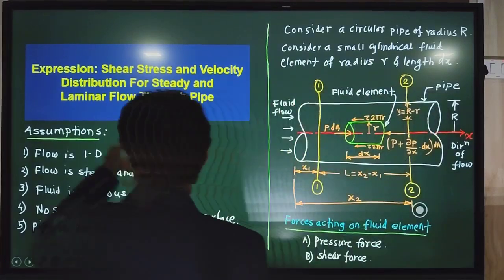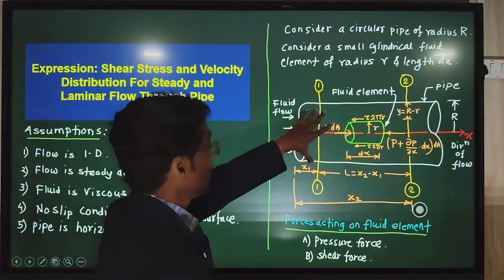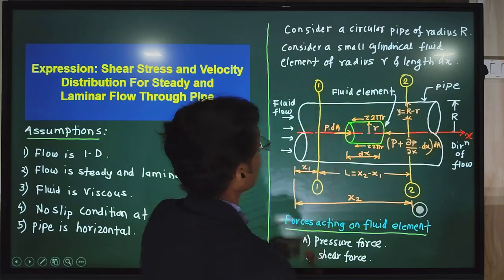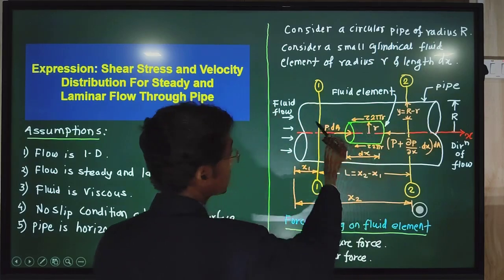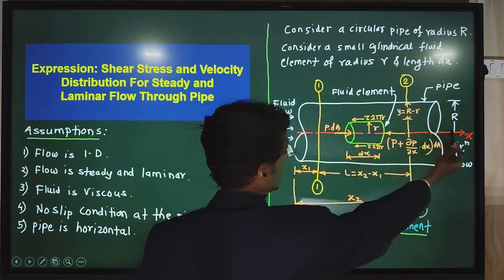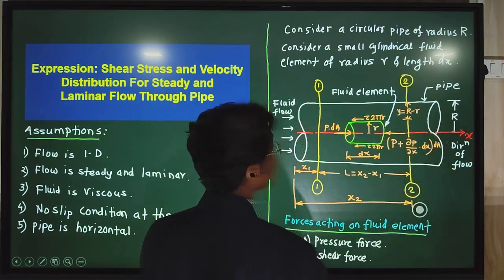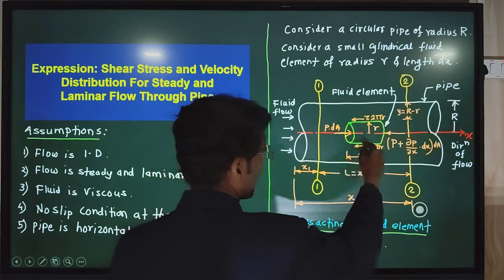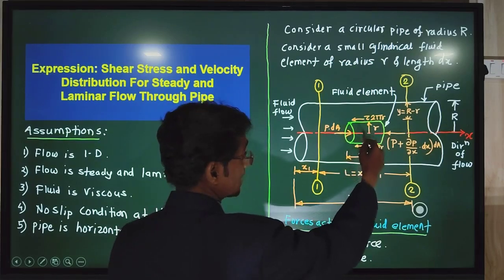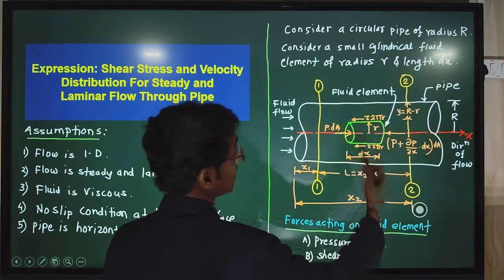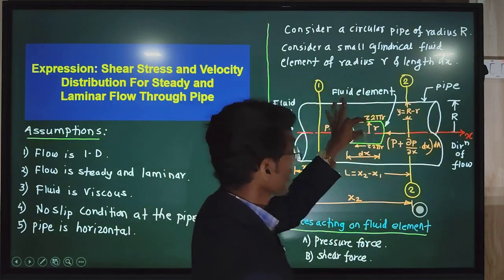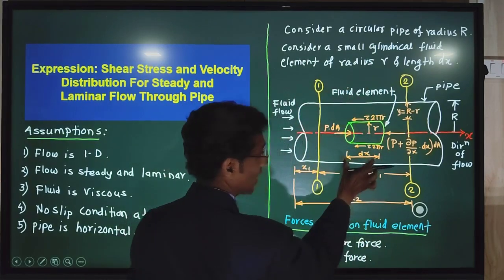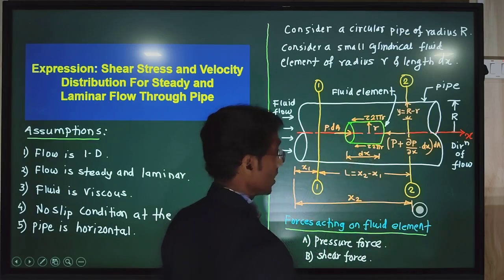Now for this expression, we use this diagram. In this diagram, we have considered a circular pipe of radius capital R, with the flow of fluid. In that, a small cylindrical fluid element is considered with radius small r, and the length of that fluid element is dx.